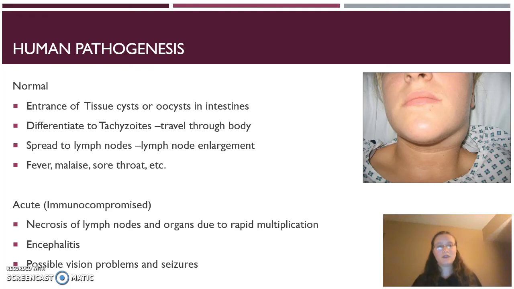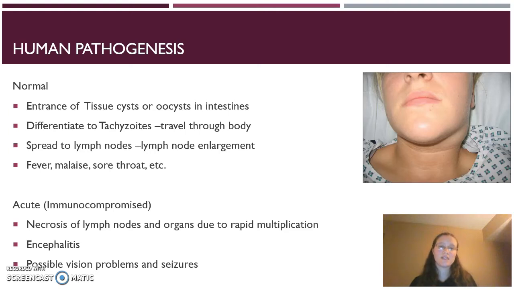In the course of human pathogenesis, there are two forms. So the normal pathogenesis occurs with a person who has a fully functioning immune system. The tissue cysts or the oocysts enter into the intestines.